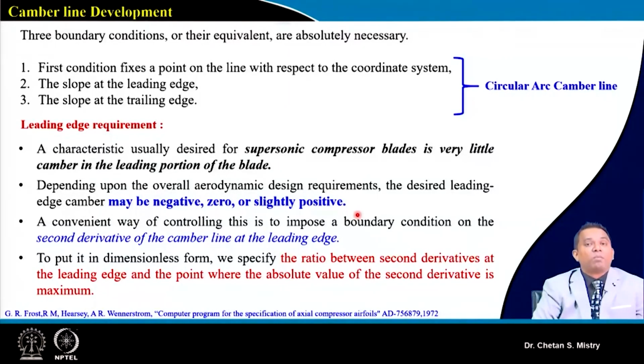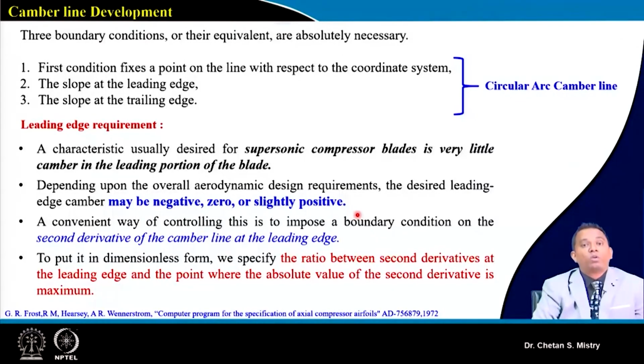We are discussing the development of transonic aerofoils. Under that condition we are looking for some special conditions. Many supersonic aerofoils require a little camber near the leading edge. This camber may be 0, negative or positive.